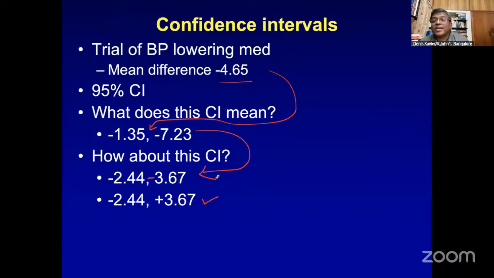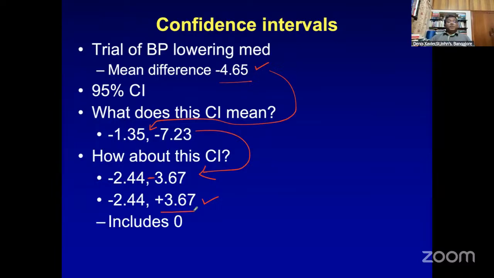The second one, isn't it? The second one is more precise. I would like that, and that is also narrow. This is 1.35 to 7. It's quite wide, but it's still statistically significant. But I would love something like the second one. So this one is that much more precise. So this is Satya's answer. That is, in a good proportion of the patients, this blood pressure medication is increasing the blood pressure, not decreasing.